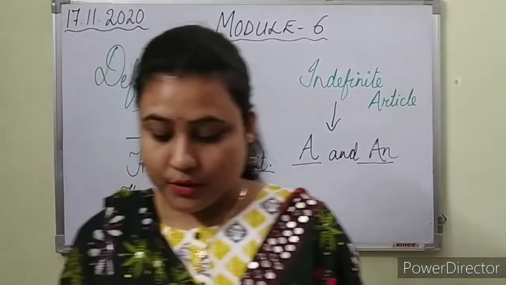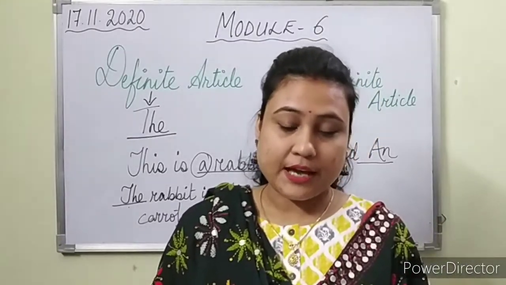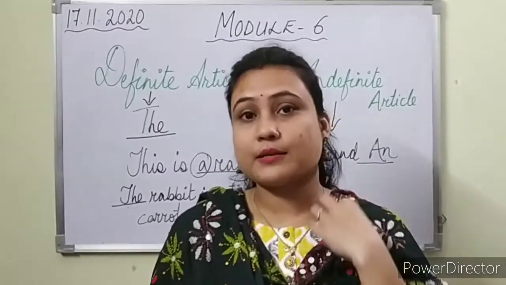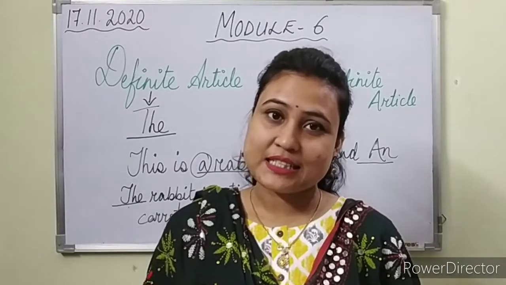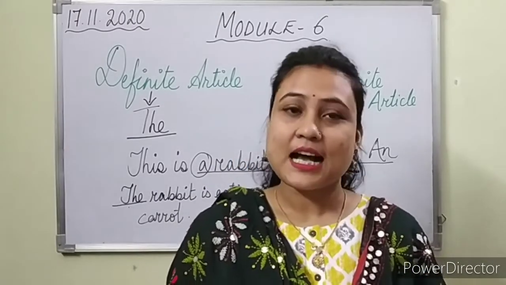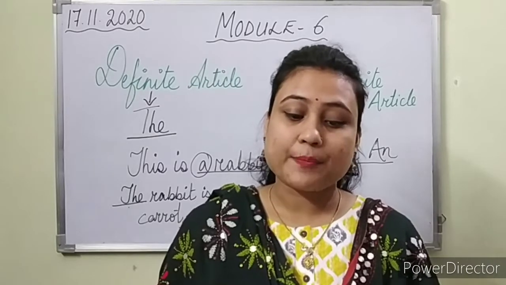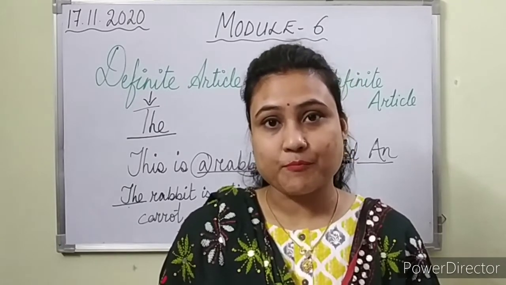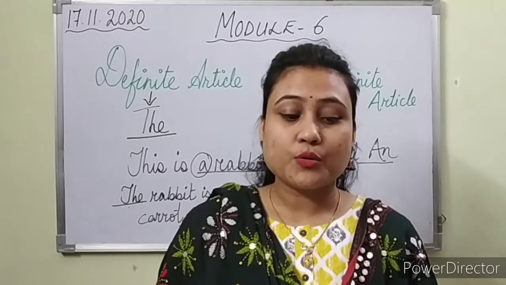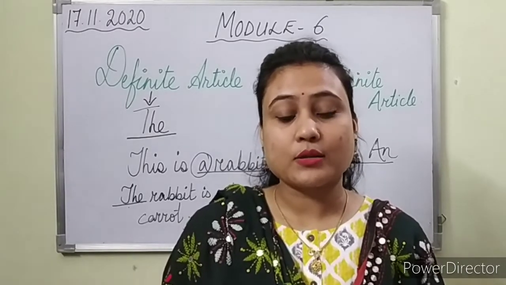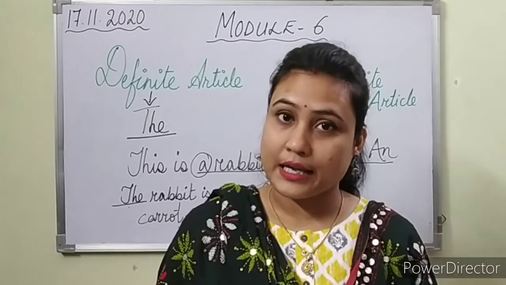So coming to page number 7. My dear students, please come to page number 7, and again I'll tell you the difference between the definite article and indefinite article. When we speak about something for the first time, we use a. After that, we use the when we speak about the same thing again.